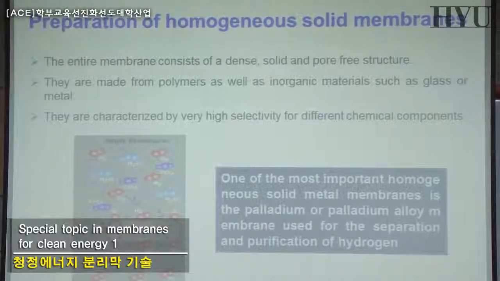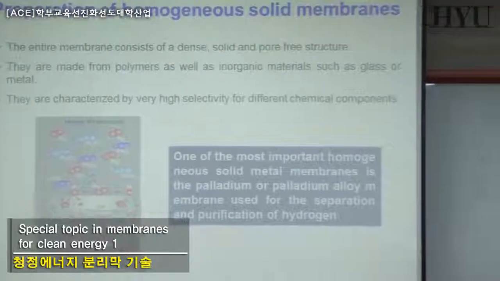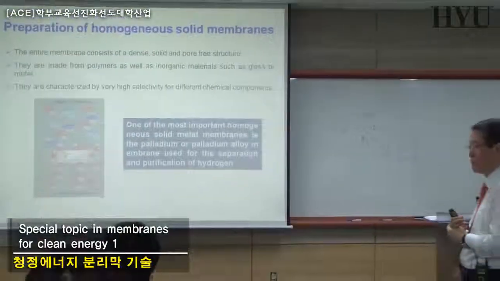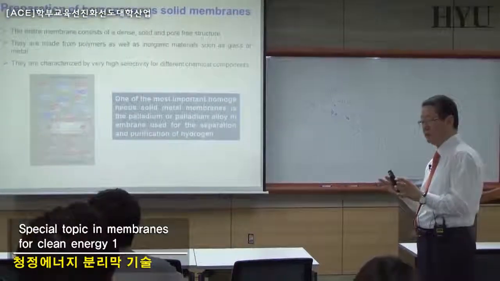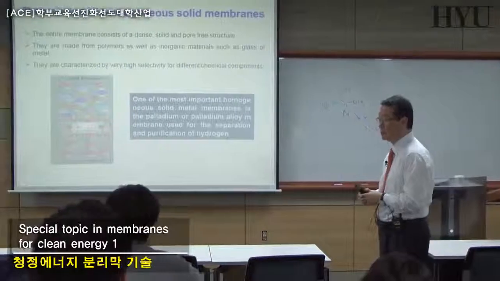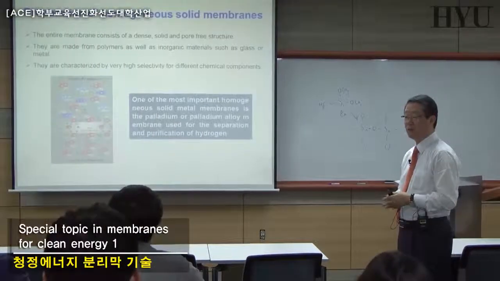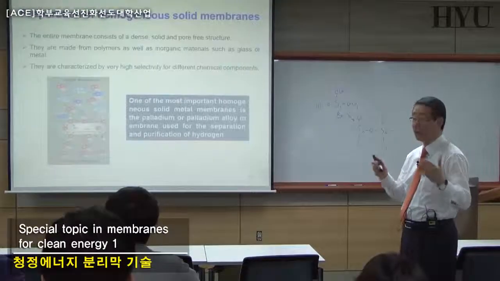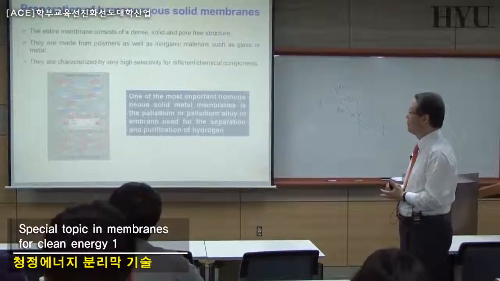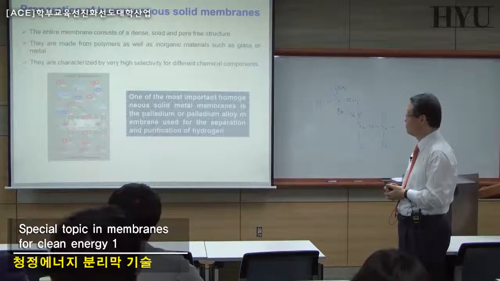Now, we can make the MOF and ZIF. I haven't described the preparation of ZIF and MOF at this point, but you can make a very thin layer on top of an inorganic or organic support.